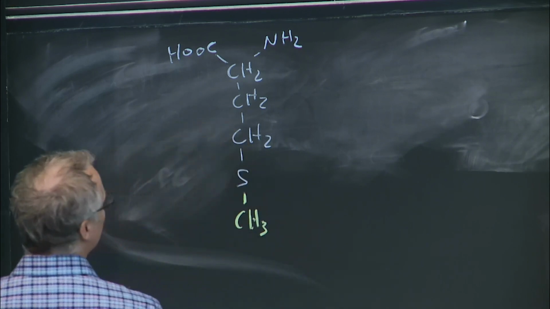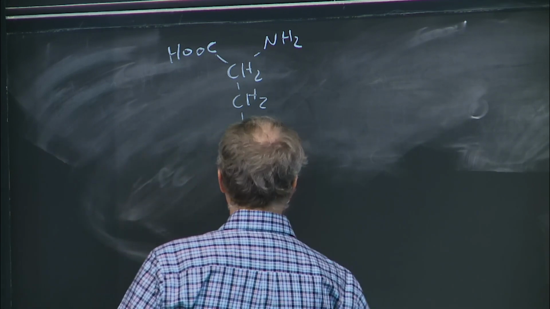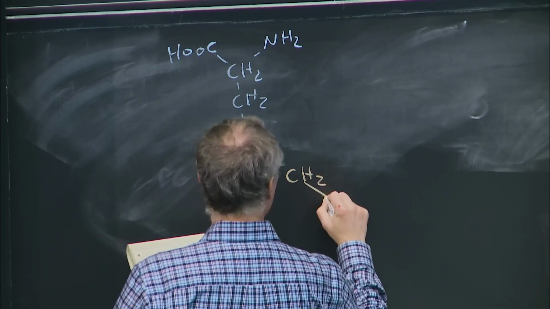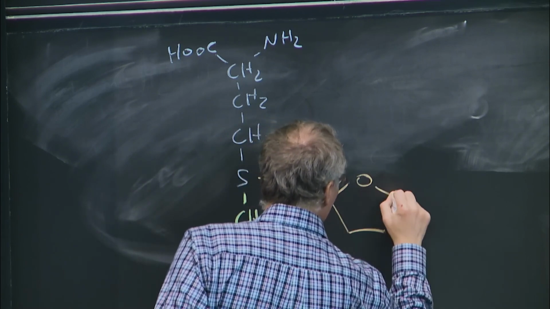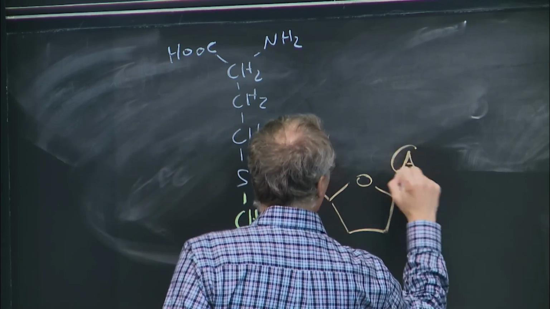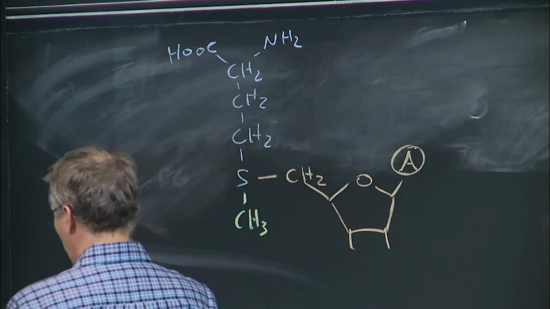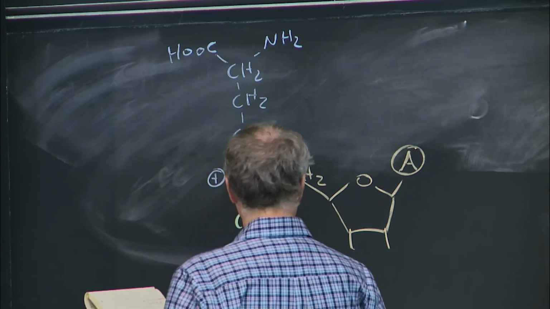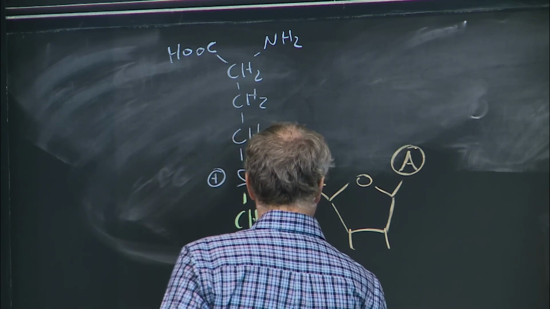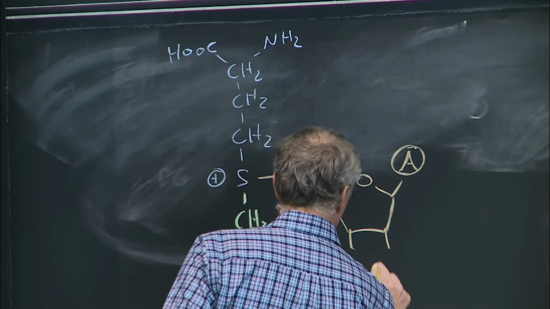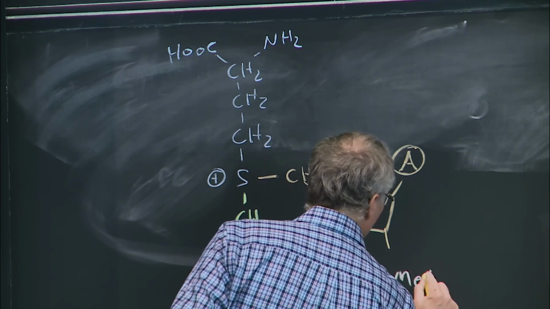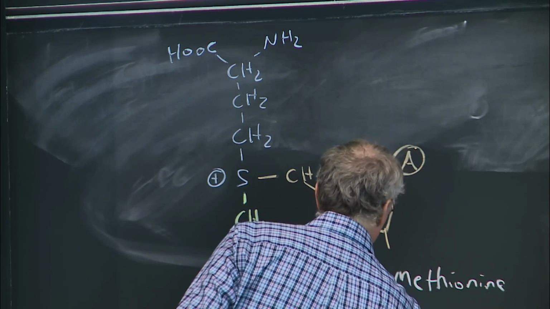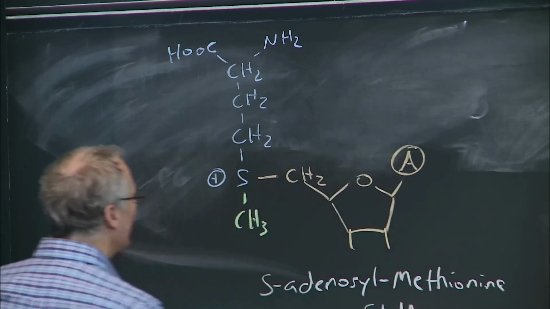So this here is the amino acid methionine. And if I put it here onto an adenine, what I end up with is this molecule called S-adenosyl methionine, or SAM.